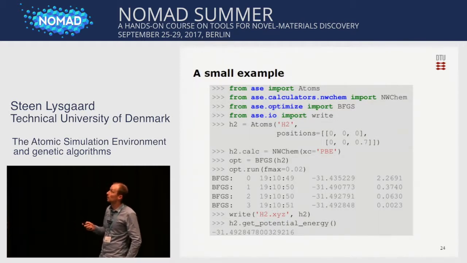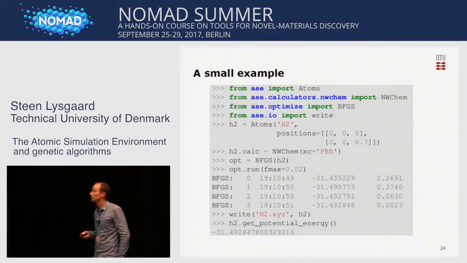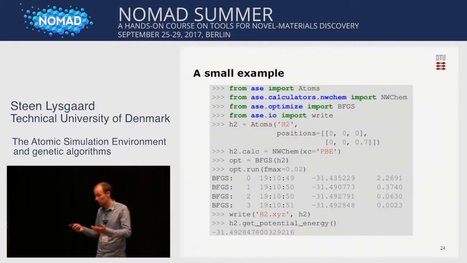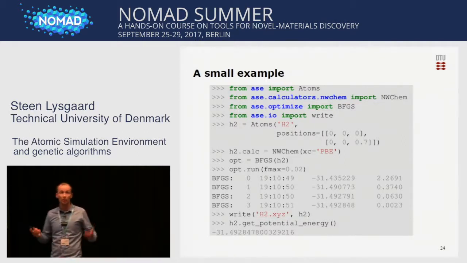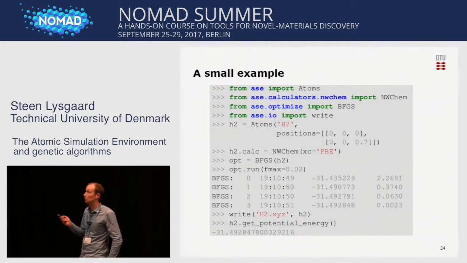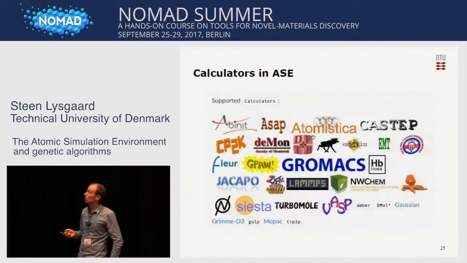So here we set up an atoms object with some atoms in it, we set up the calculator object, and we run a geometry relaxation and get the potential energy. So these are very simple things to work with, and you get all the advantages of using Python on top of that. We'll see more in the tutorial.